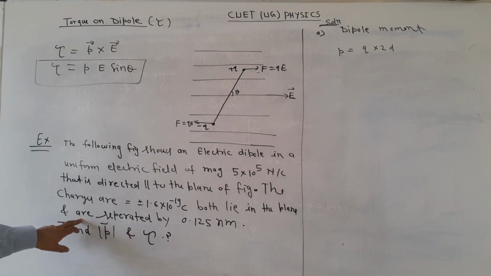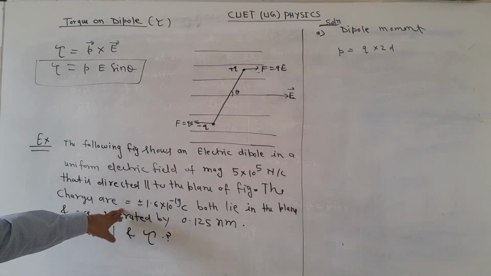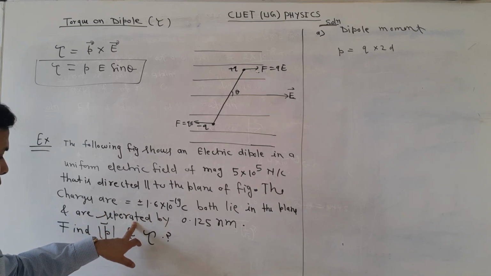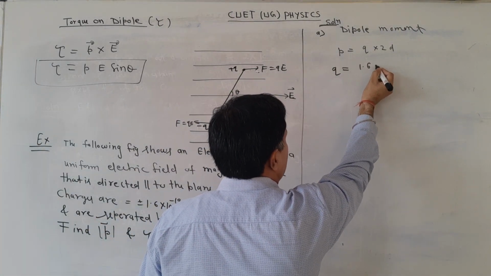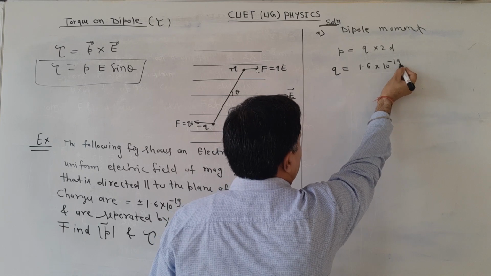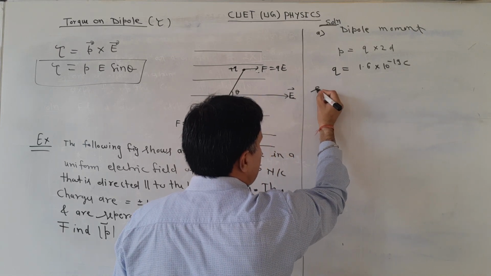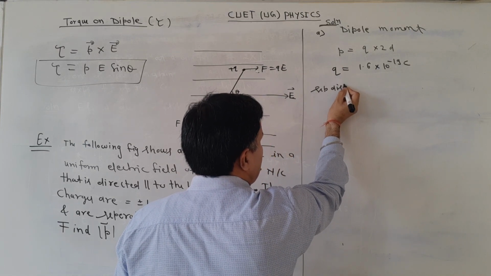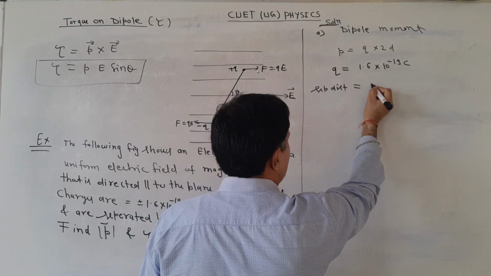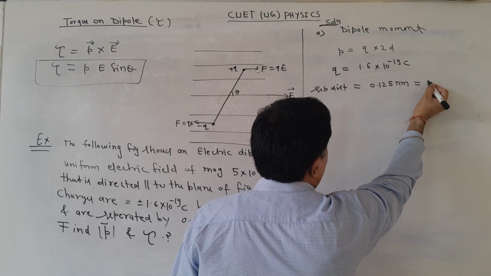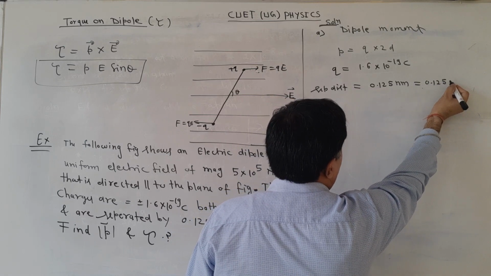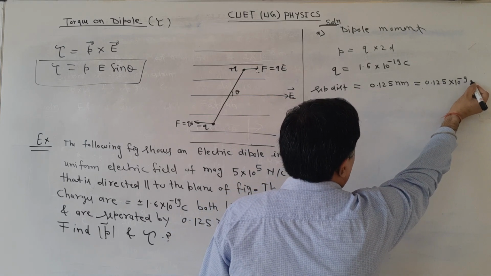Our charge Q is 1.6 into 10 to the power minus 19 coulomb, and the separation distance is 0.125 nanometer, or 0.125 into 10 to the power minus 9 meter.